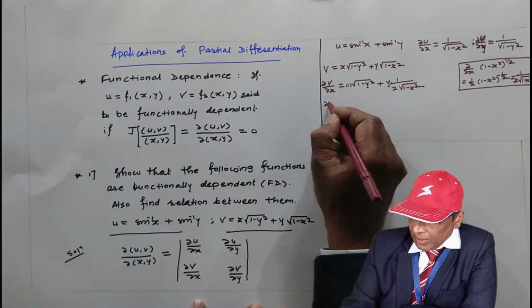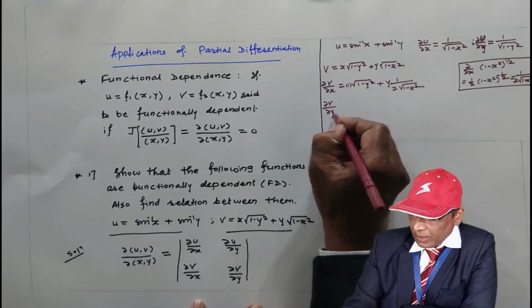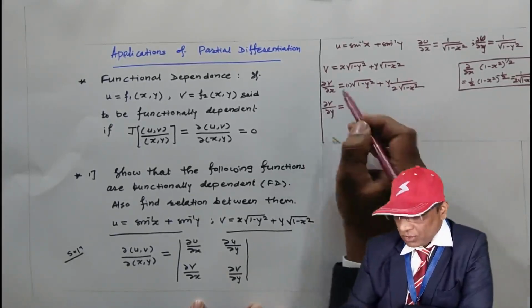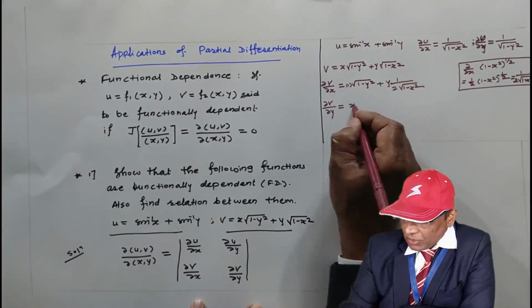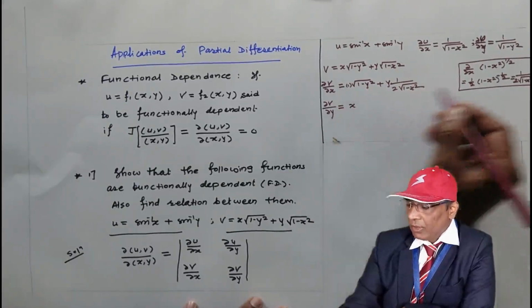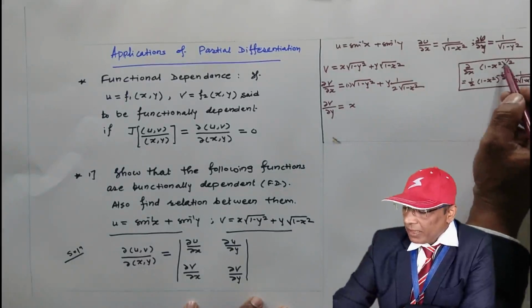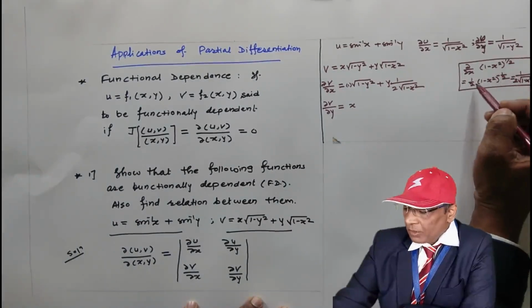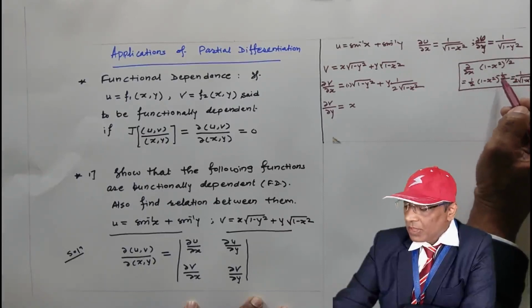Now del v by del y, take the derivative of v with respect to y keeping x constant. The x is a multiplicative constant. Okay. And one more thing I left here. The derivative of 1 minus x square raised to power 1 by 2 is what? 1 by 2 times 1 minus x square raised to minus 1 by 2.